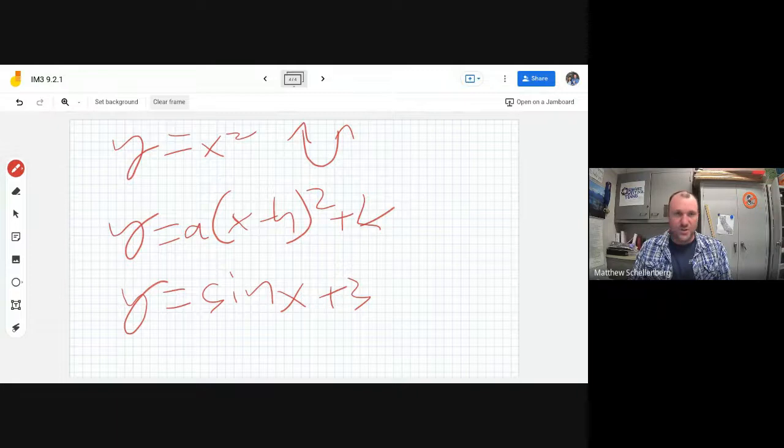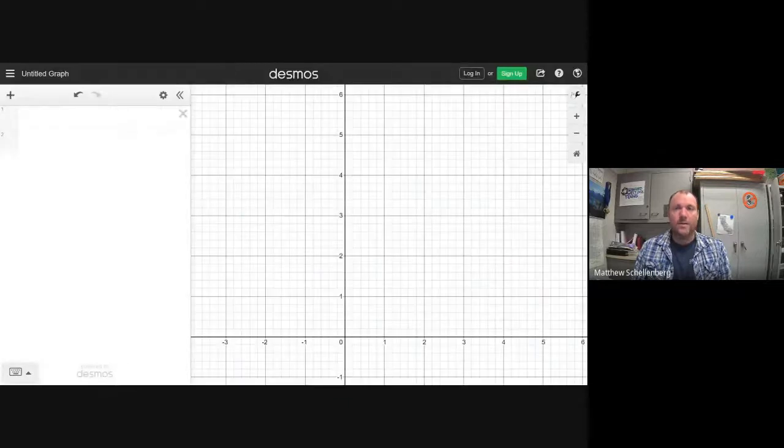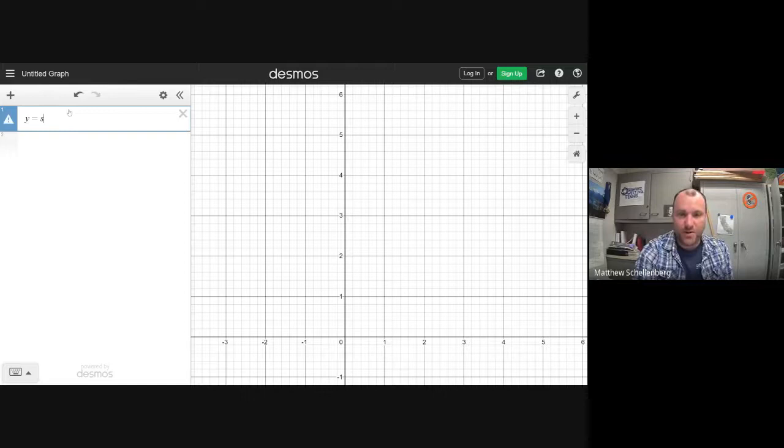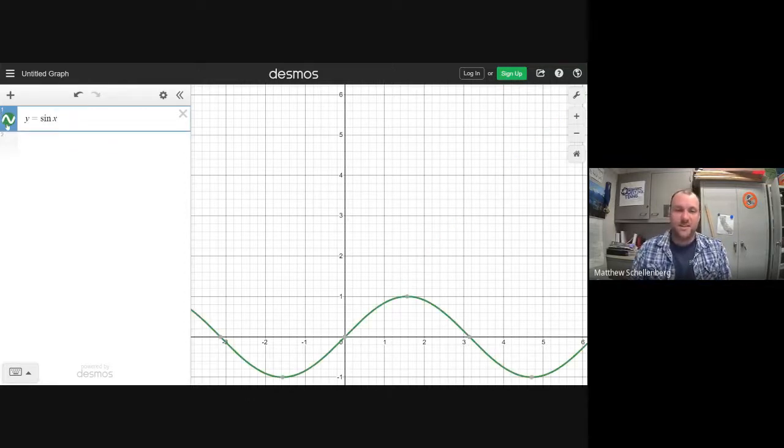Let me show you a graph. So here is the graph of a normal sine function. It looks like this.